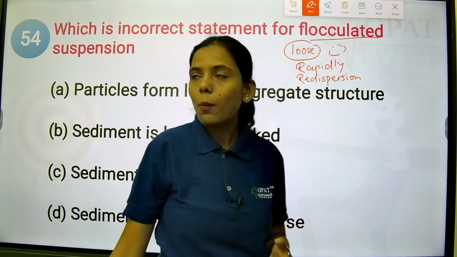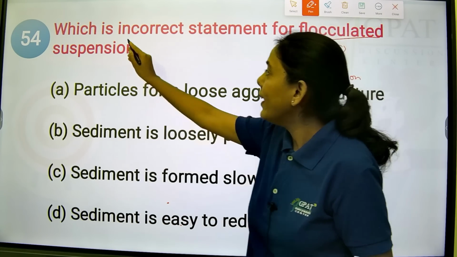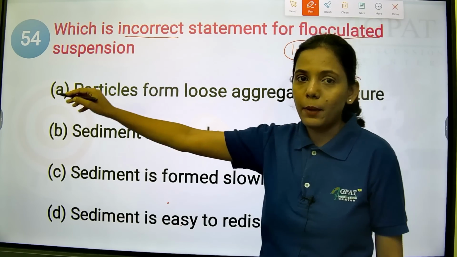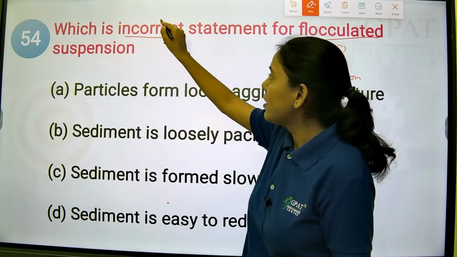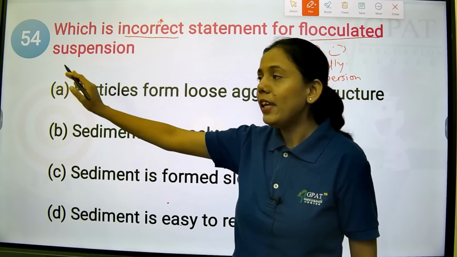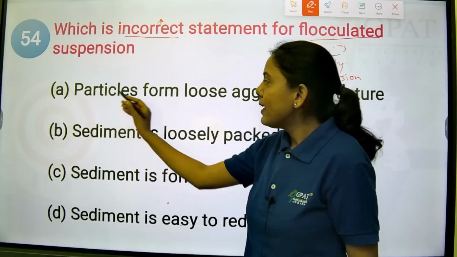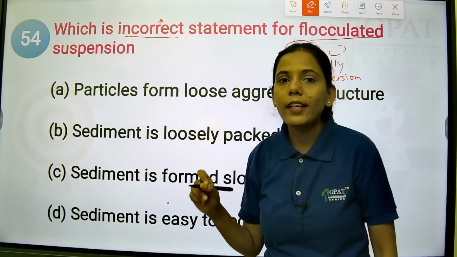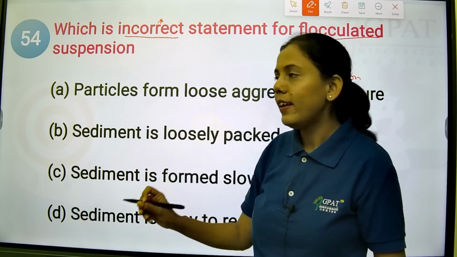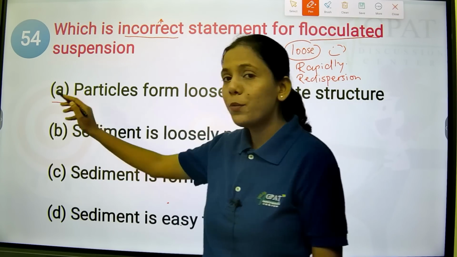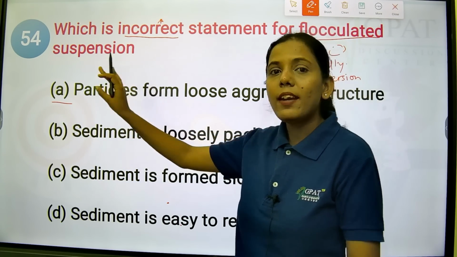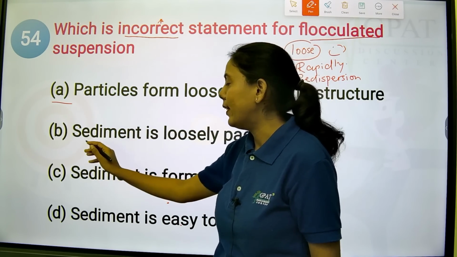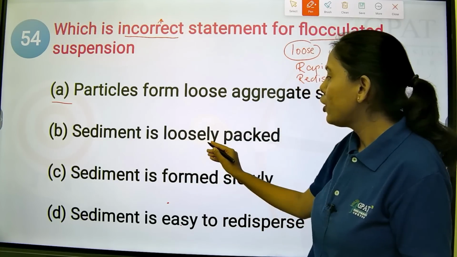So let's see what options are given, and we have to identify the incorrect statement. Please remember these terms. Option A is particles form a loose aggregated structure. Yes, particles form a loose aggregated structure, so option A is the right statement for flocculated. Sediment is loosely packed.